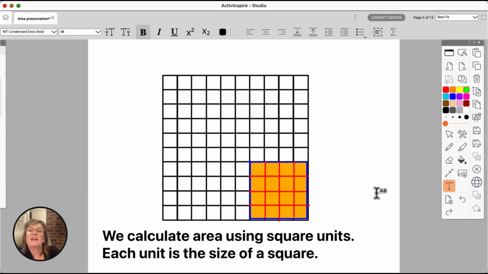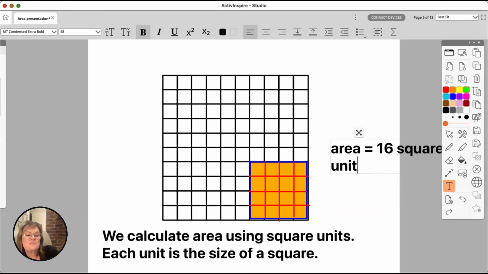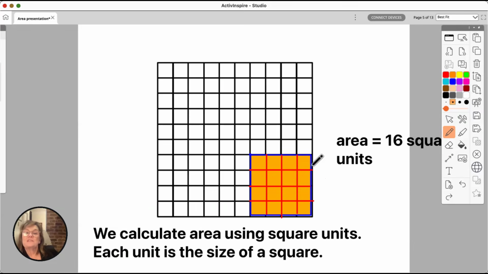So we could say the area of this rectangle that is also a square is 16 square units. 16 square units. All right, now what do we notice? We notice that this is a square and all the sides are the same and all the sides are 4. So we know that 4 times 4 equals 16, right?